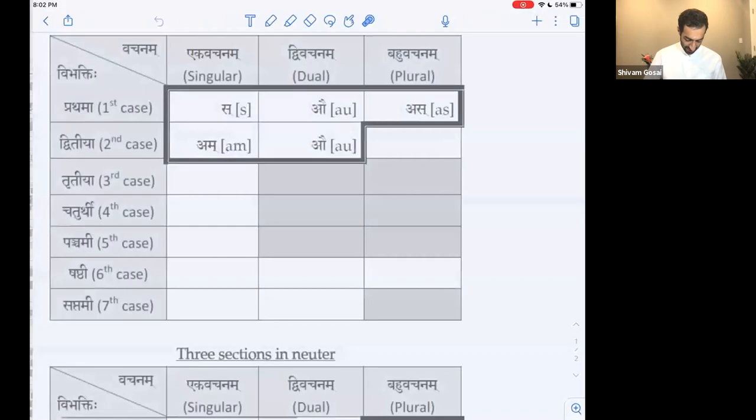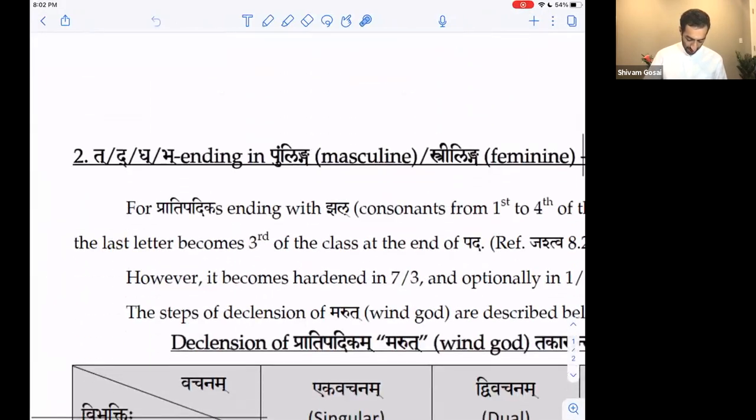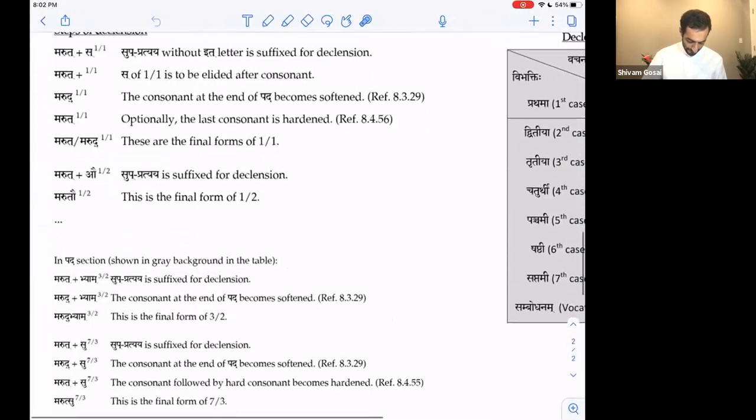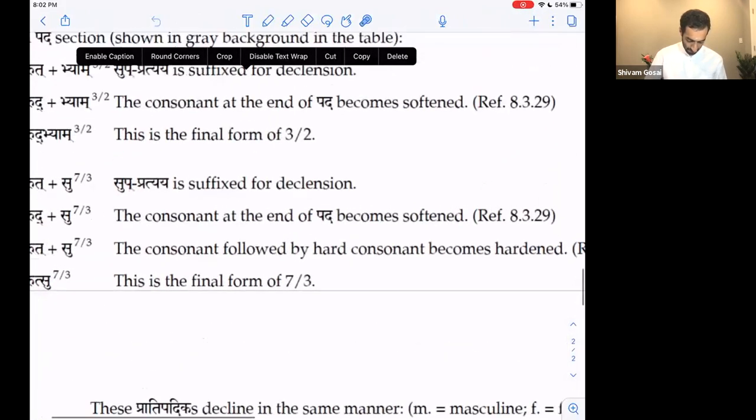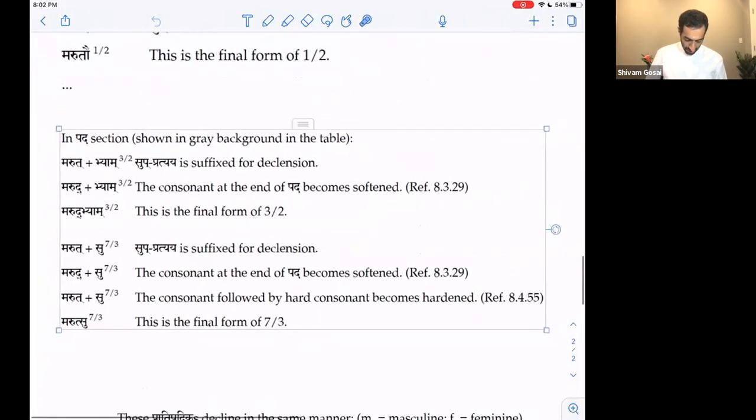So I'll show you that. We just don't have time to look at that quite yet. But you'll see that here. Marut-su. So we add marut plus su, 7-3, then it becomes marud-su because of the rule we just saw. But then, because of this next rule, which we haven't seen, it goes back and becomes hard again.